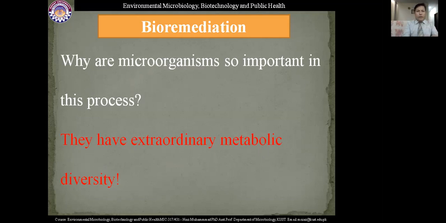Suppose one pollutant is going into soil with these millions and millions of microorganisms. Some microorganisms have the ability to produce certain enzymes which will react on that pollutant and break it down or convert it into its elemental form or less toxic form. Therefore, in the bioremediation process, we are using microorganisms. They have the ability to produce various types of enzymes. So in terminology, you can say microorganisms have extraordinary metabolic diversity.